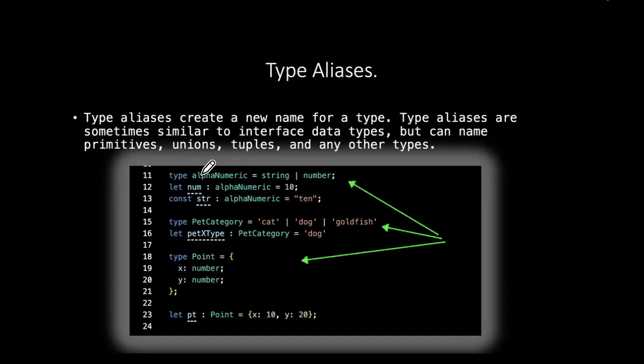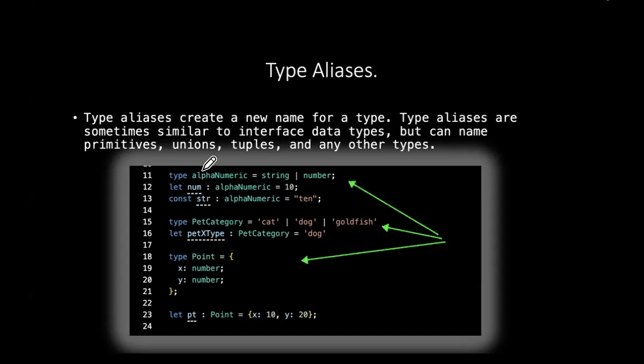So for example, what you can do is declare what's called a union type. Here's an example of a union type. So I'm declaring a type, I'm giving it the name alphanumeric. By the way, I should really have capitalized the A there. It's conventional to capitalize your type declarations, whether you're using type aliases or interface data types.